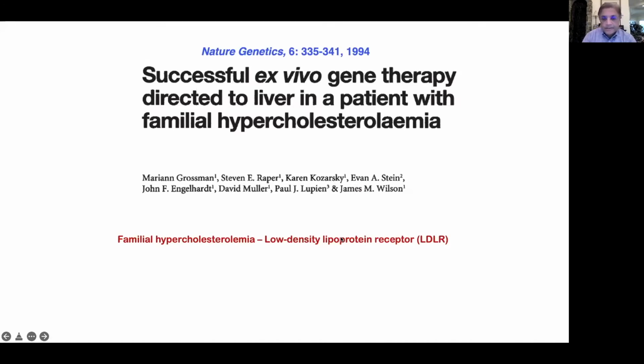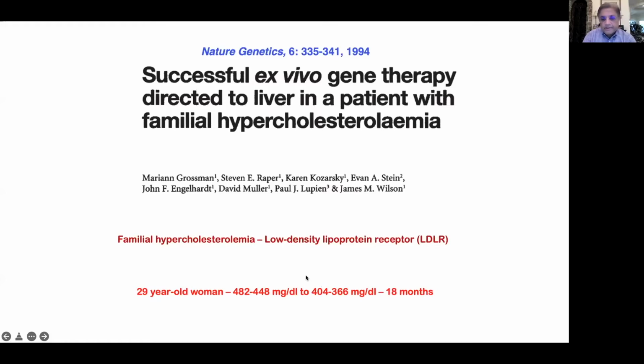So Dr. Wilson isolated hepatocytes, liver cells, from a 29-year-old Canadian woman whose cholesterol levels were extremely high, 400 milligrams per deciliter. Normal range is around 100 to 150, and very high risk for stroke and heart attacks.